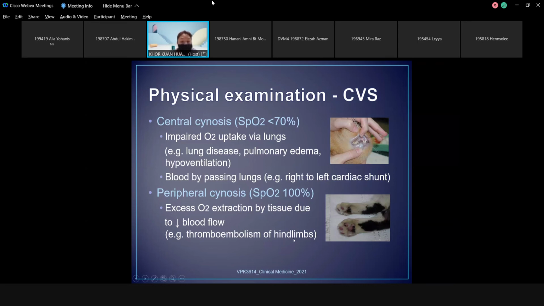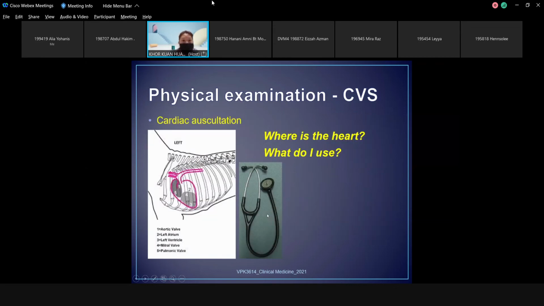This I'll explain later when we have more of this lecture, how thromboembolism occurs. It means that the blood vessel is obstructed by a small blood clot, so the perfusion here is impaired. In this picture you can see nice pink, right? But this one looks a little bit blue already. You might want to make the image bigger to appreciate that.